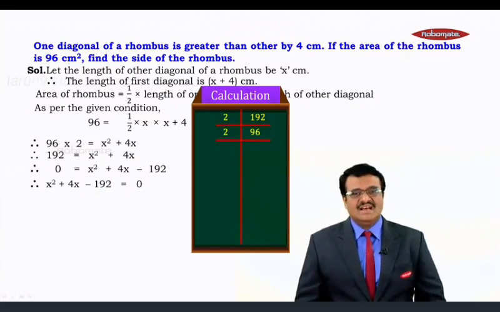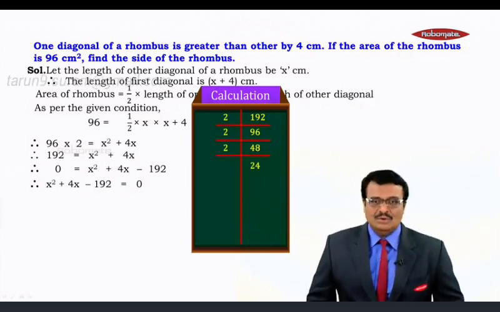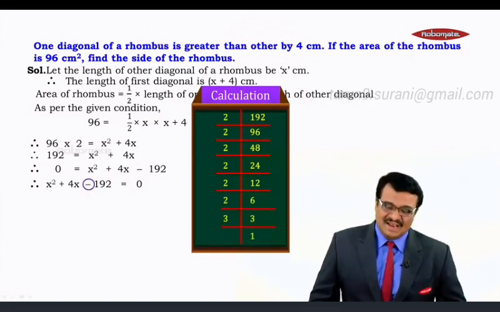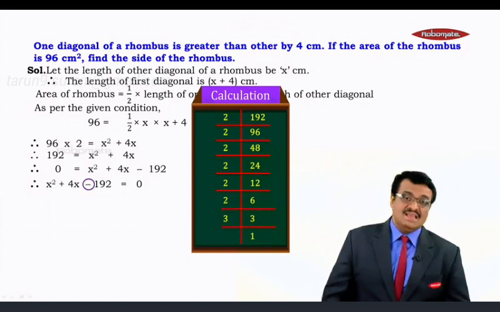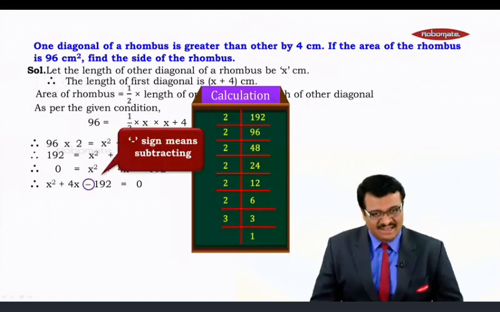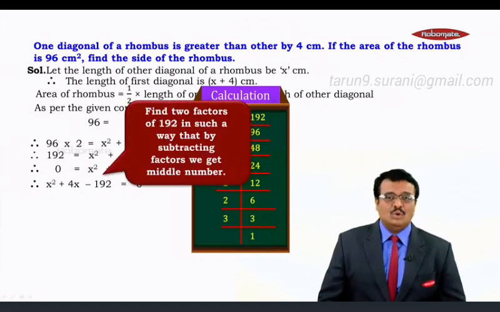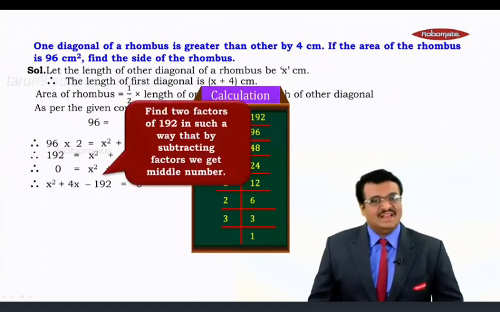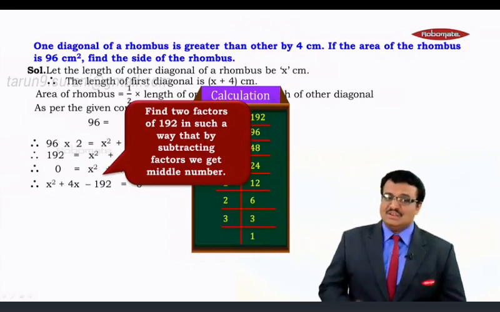2 96s are 192, 2 48s are 96, 2 24s are 48, 2 12s are 24, 2 6s are 12, 2 3s are 6, and 3 ones are 3. Right? The biggest number we have is 3, and look at the last sign. Last sign is minus. Minus means subtracting. We will find two factors of 192 in such a way that by subtracting the two factors we get the middle number. And how to do that you all know.